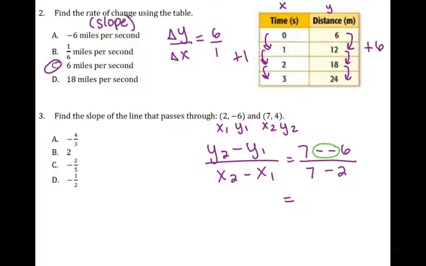I feel like I did something wrong. Let me think. Sorry, y2 is a 4, not a 7. There we go. So I have 4 minus negative 6 becomes 4 plus 6 over 7 minus 2. So 4 plus 6 is 10 over 5, which is 2. So the correct answer is B.